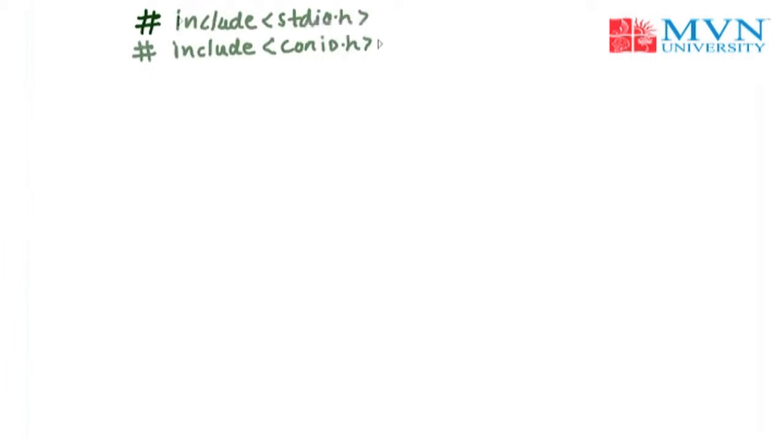Let's write the C program for calculating the average of the numbers passed through the array as a function argument. Include the two header files. Start the main function. Here I am taking an array of integer type with the name balance and whose size is 5.